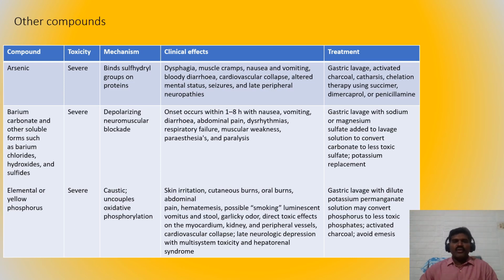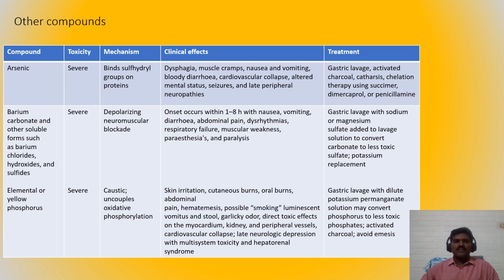Let us briefly discuss other compounds which are used less commonly as rodenticides. Arsenic: toxicity manifestations are very severe. Mechanism of action includes binding to the sulfhydryl groups in proteins. Clinical effects include dysphagia, muscle cramps, nausea and vomiting, bloody diarrhea, cardiovascular collapse, altered mental status, seizures, and late peripheral neuropathies, and repeated small dose exposures.